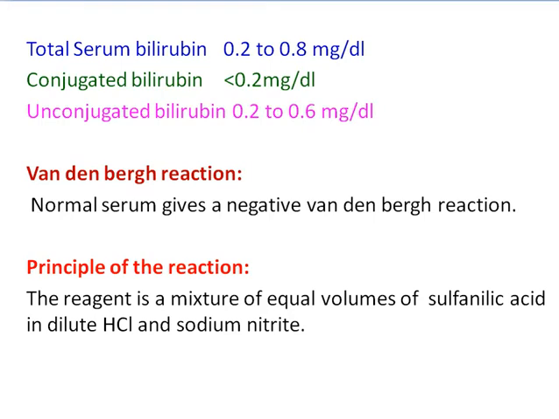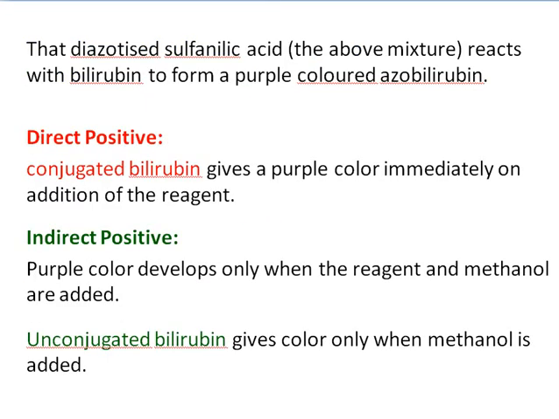Total serum bilirubin 0 to 0.8, conjugated bilirubin less than 0.2 milligrams per deciliter, unconjugated bilirubin 0.2 to 0.6 milligrams per deciliter. Van den Bergh reaction: normal serum gives a negative Van den Bergh reaction. Principle of the reaction: the reagent is a mixture of equal volumes of sulfanilic acid in dilute HCl and sodium nitrite. The diazotized sulfanilic acid in the mixture reacts with bilirubin to form purple colored azobilirubin.